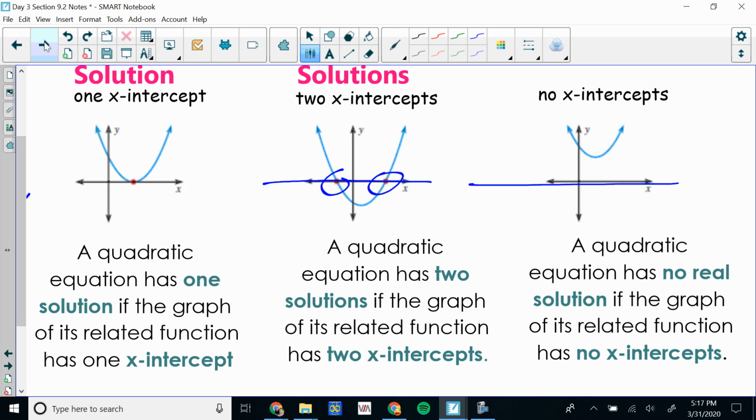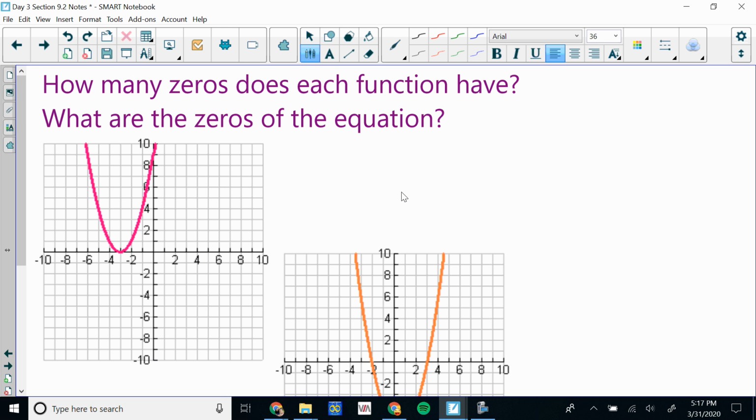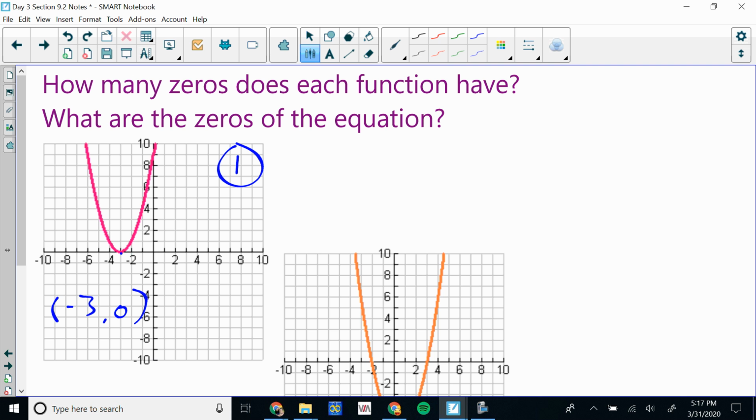All right. Next slide here says, how many zeros does each function have? What are the zeros of the equations? Again, sometimes zeros we call roots, so you might hear me say that interchangeably. This one, if I call this number 1, this graph has 1 zero or 1 solution, and it's going to be the point negative 3, 0 right there.